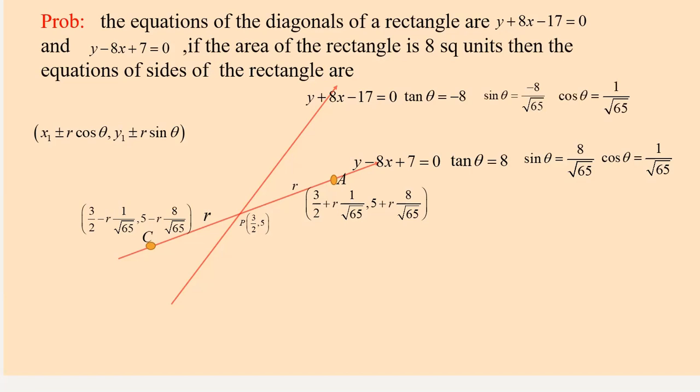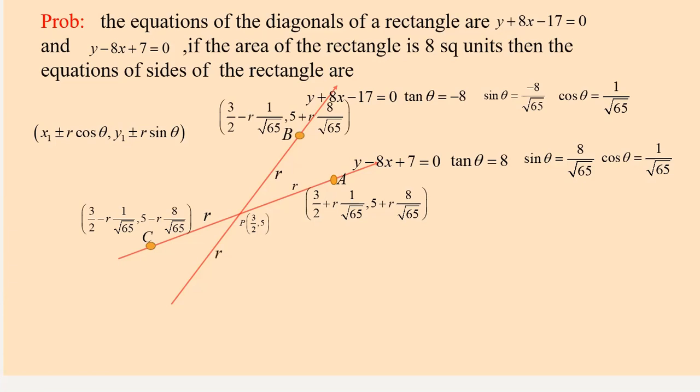Now along that line, from the center, the point at a distance of r units, that is the point B, is 3/2 minus r cos theta, 5 minus r sin theta. When you substitute sin theta and cos theta, you will get the coordinates of B.